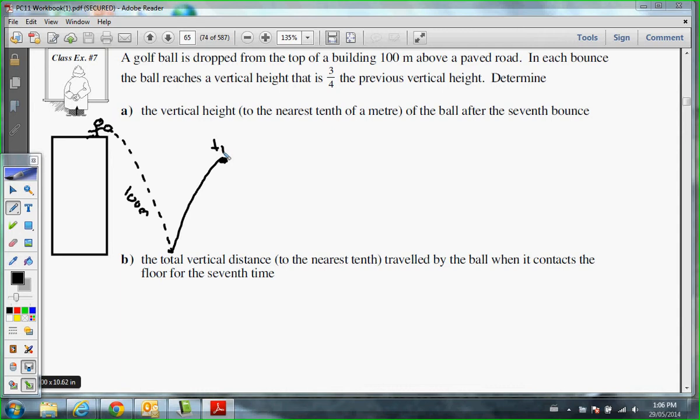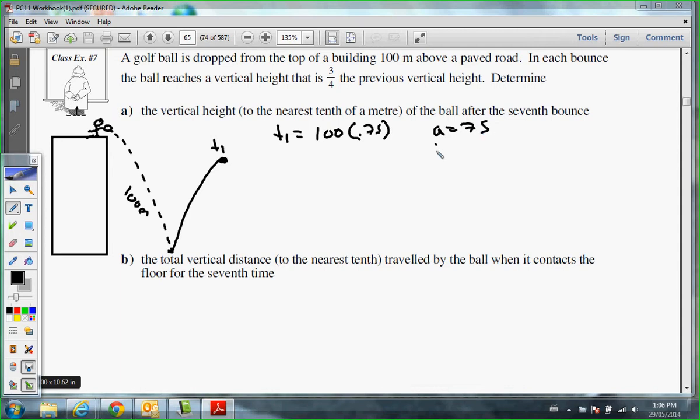So my T1 is going to be 100 times 0.75, which is your A. So my A is 75.